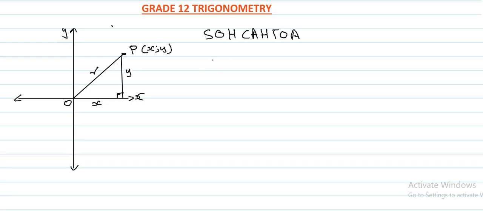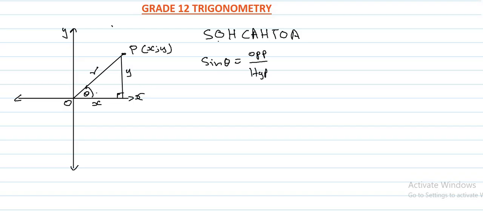So, which is the sine of theta. Theta is given at this angle, which is an acute angle. The sine of theta is given by the opposite over the hypotenuse.